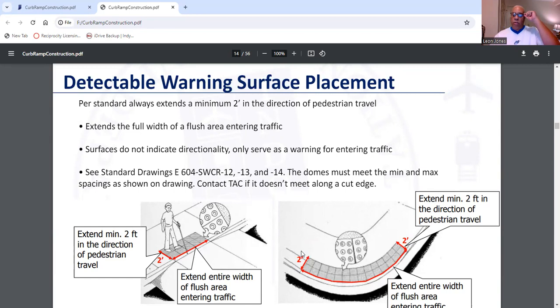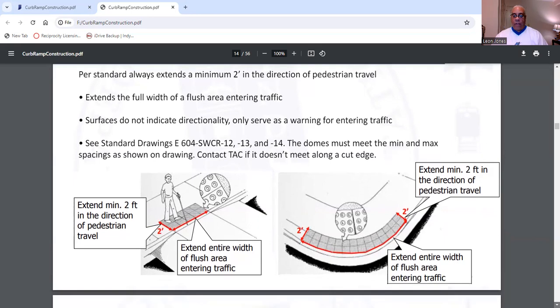Generally, your detectable warning surfaces for something like this first illustration is 2 feet by 4 feet. Here you're using 2 feet and you're basically taking some 2 feet by 4 feet and you're making it into this radius right here. Also, you can extend the entire width of flush area for entering traffic.